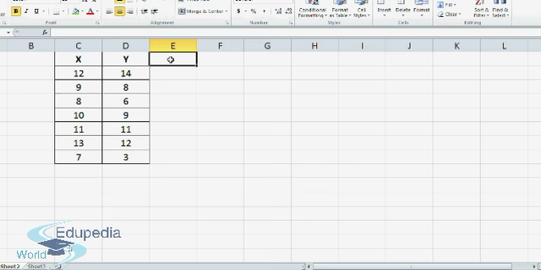So first let me find the product, x multiplied by y, and that simply is this value multiplied by the value in the second column.